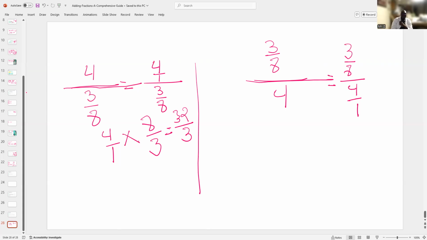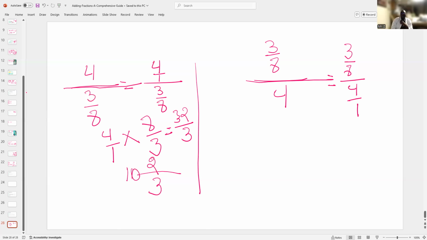How many times is 3 going to go into 32? 10 times. And the remainder is 2.